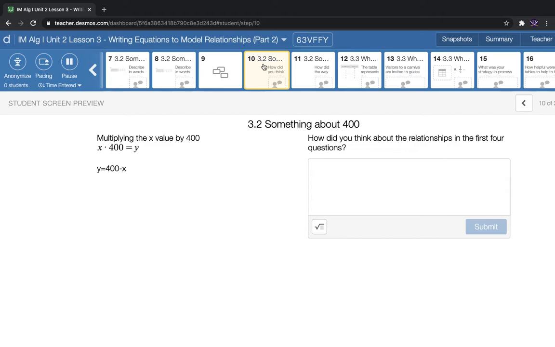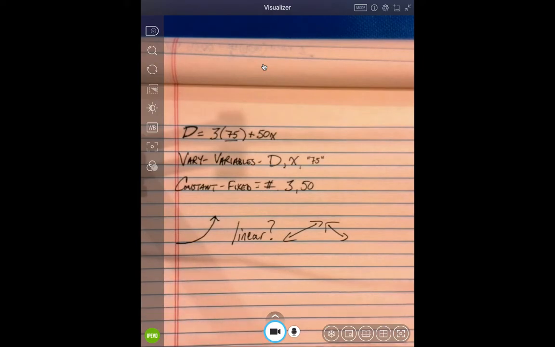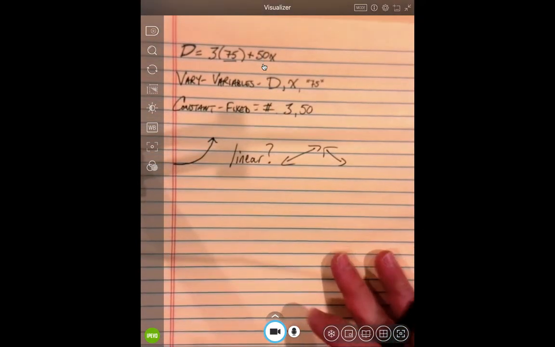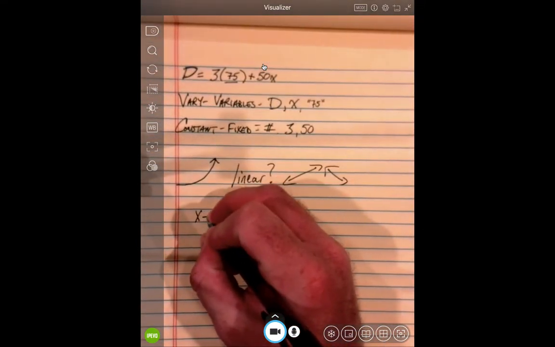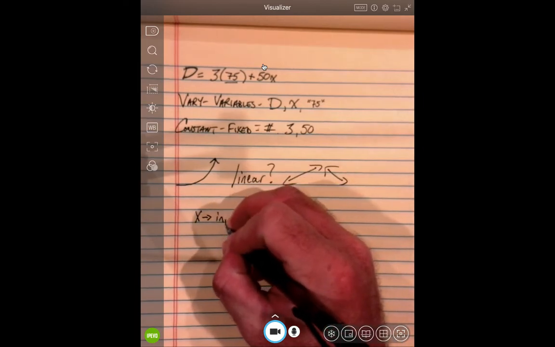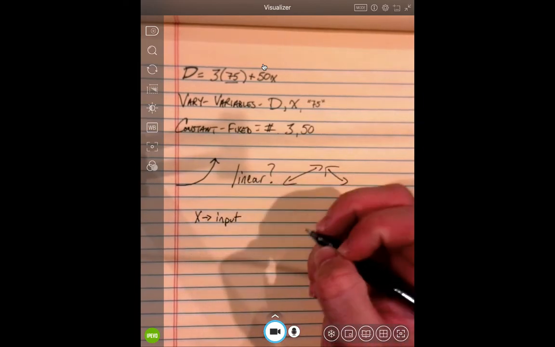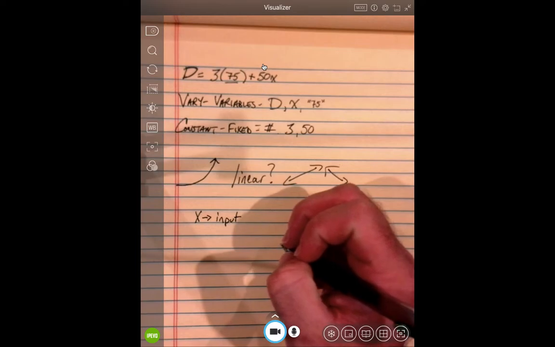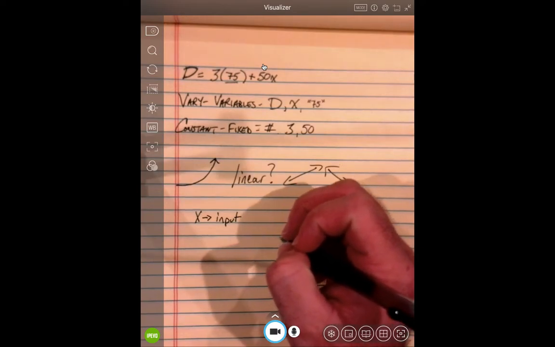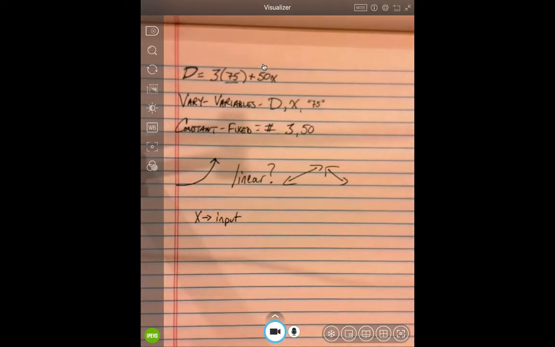Or here's another one. How did you think about the relationships in the first 4 questions? So we can see that they're put together, okay? The main thing that I would tell people is this, what we need to know. When we look at these, x is our input, okay? It's our input, and that is what we are going to be using.